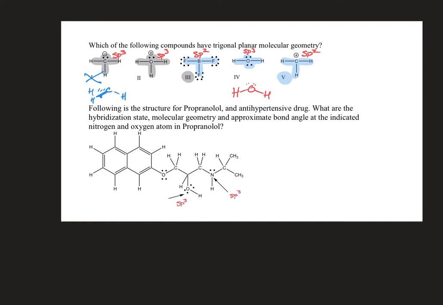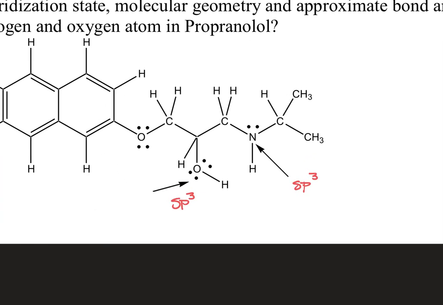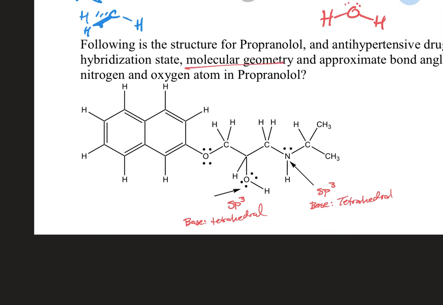We need the molecular geometry and bond angle. Well, because it's asking for them, but they're both sp3 hybridized, I'm going to say the base is tetrahedral for each. I'm doing that because that helps you figure out the bond angles. They're sp3 hybridized, so they're tetrahedral, but the molecular geometry is going to be bent triatomic for the OH there, because it only has 3 atoms, 1, 2, and 3, and they're bent.